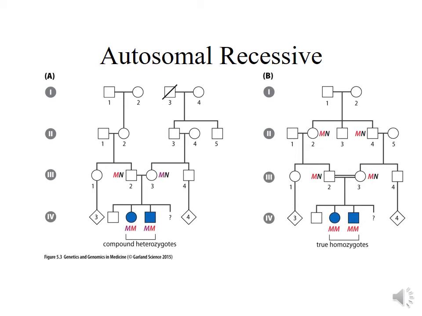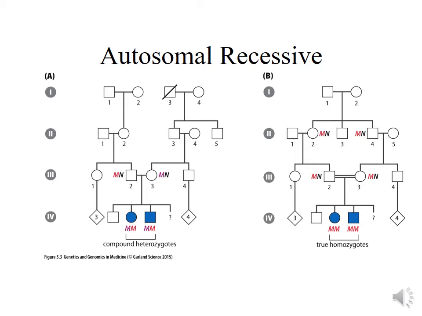In B, we show a scenario involving consanguinity. Here we know that 3-2 and 3-3 are first cousins. They can be expected to be carriers with one mutant allele M and one normal allele N. We could infer that 2-2 and 2-4 inherited the same mutant allele, shown in red, M, from one parent, either 1-1 or 1-2.